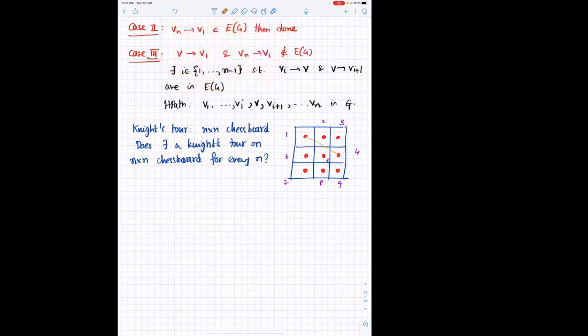It can go to 6 and it can go to 8. And from 8, it can go to 3. From 4, it can go to 7. From 9, it can go to 2. So this graph that is obtained from the chessboard is called a knight's graph.